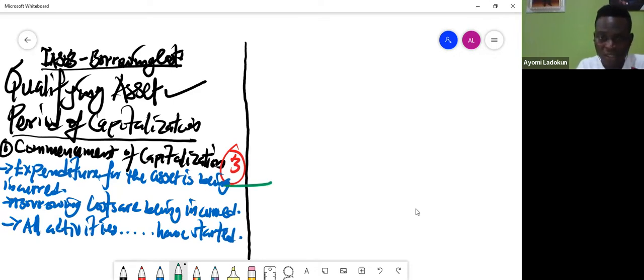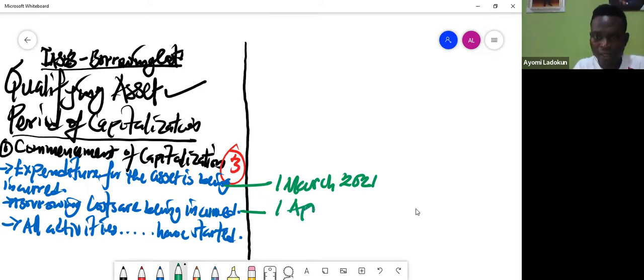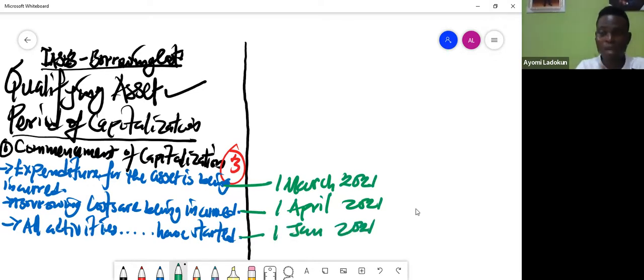Expenditure for the asset was incurred on 1st of March 2021. Borrowing cost was incurred on, let's say, 1st April 2021. Then all activities necessary to get the asset ready for intended use or sale started, let's say, 1st January 2021.